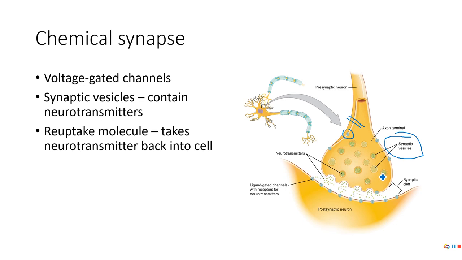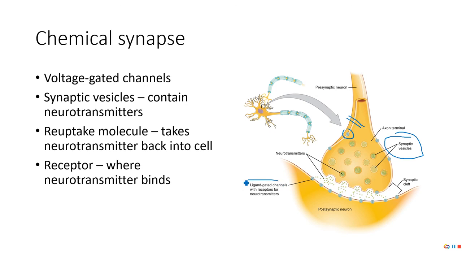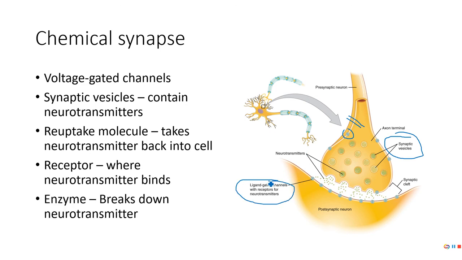We've got a reuptake molecule that's not shown, but that's something that'll take this neurotransmitter and bring it back into the cell. We've got a receptor, which will be on a ligand-gated channel, so right here. And then we've got an enzyme, again not shown, but it's going to break down the neurotransmitter, and that's going to be important.